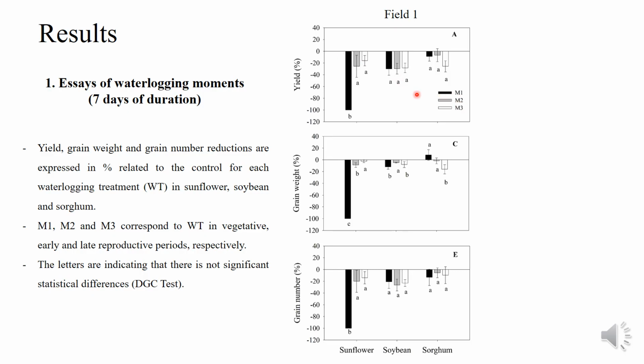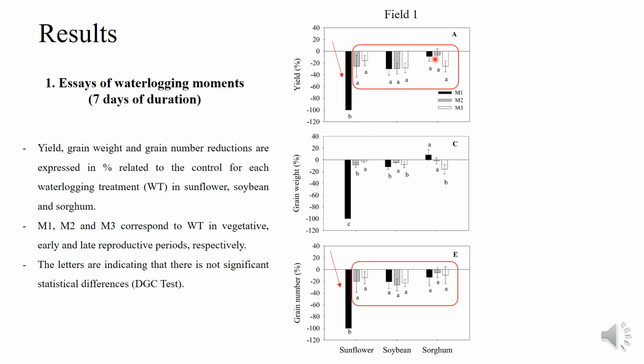Then we have the M2, the gray column, that belongs to the early reproductive stage or the critical period. And then we have the white columns, this and this and this, that belong to the grain filling period. So we found that we have two different responses in this case.